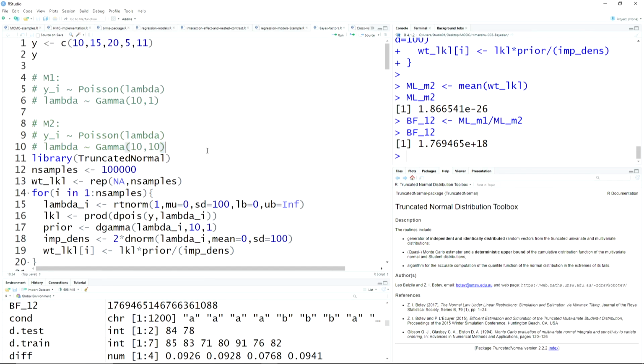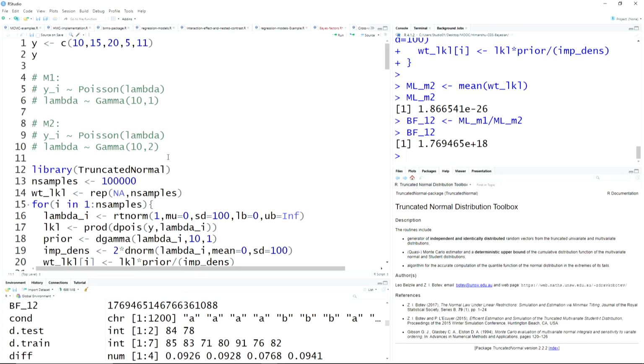Yeah. In fact, you can try more. Let us say what if you have another model which has prior gamma 10 2. Now, this is not a very different prior, and it could be the case that both these models would have similar marginal likelihood. So, it could be the case that model 1 does not have strong evidence compared to model 2.